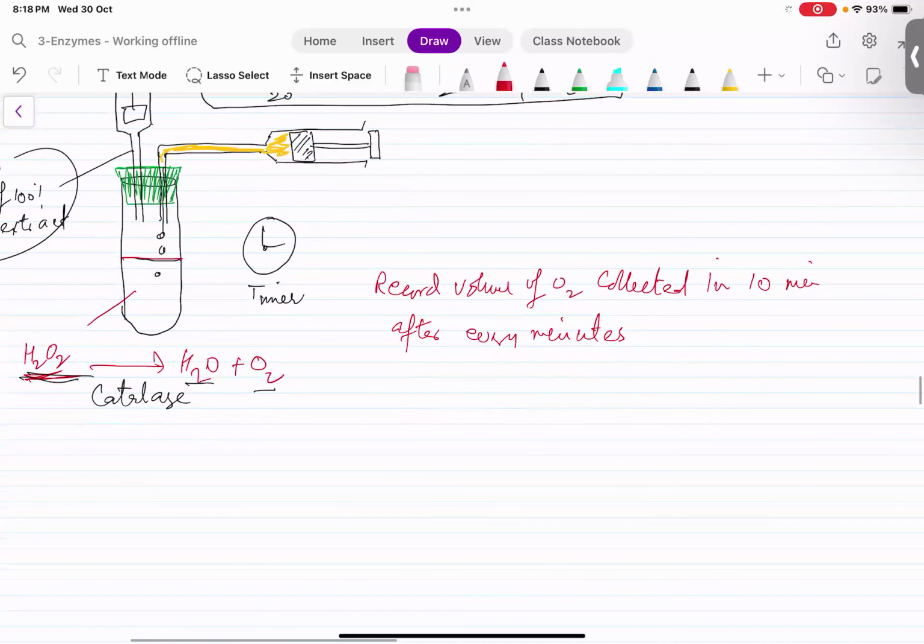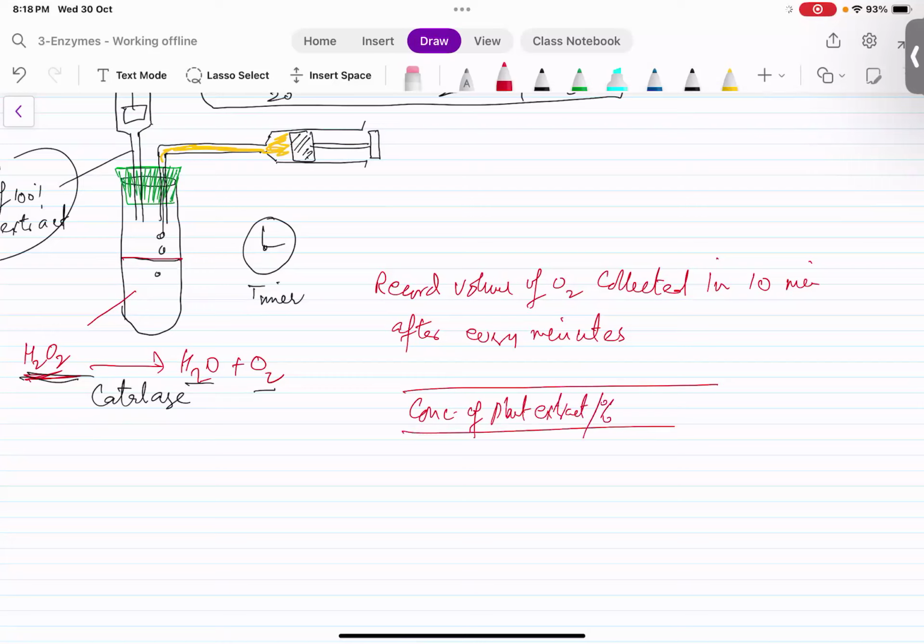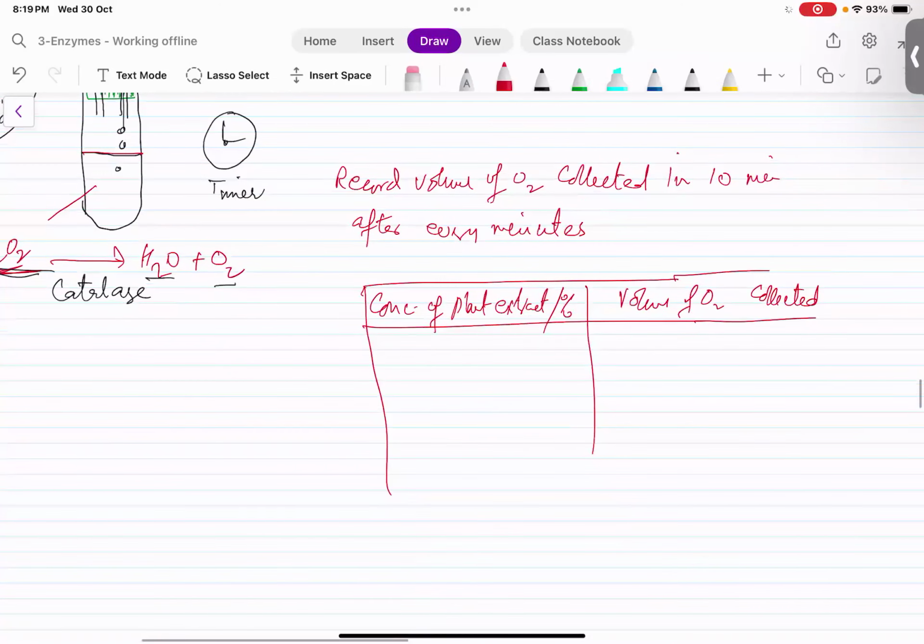So at this end, in the first column, we write the concentration of plant extract, which is in %, and then we write the volume of O2 collected. So we can do this experiment in the lab and record these results.